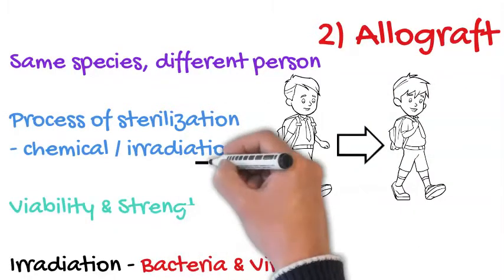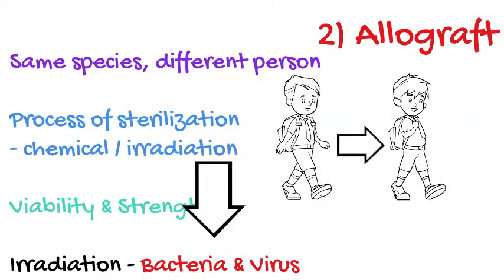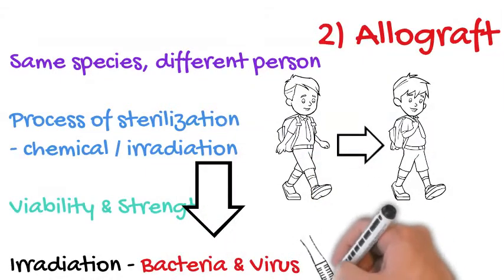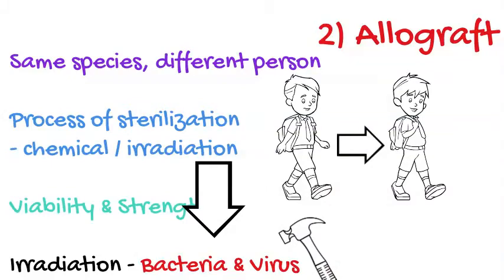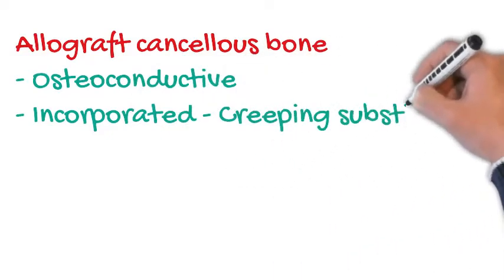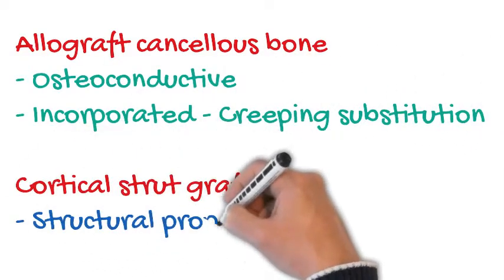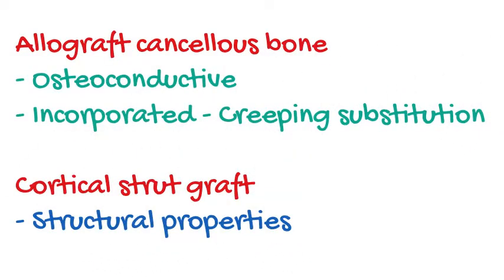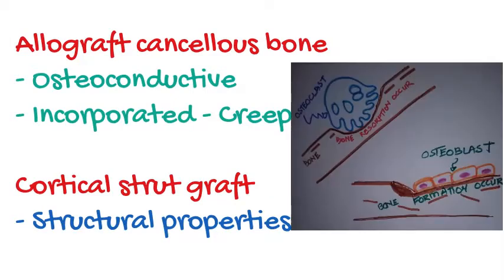Irradiation will kill bacteria and viruses. Allograft cancellous bone acts as an osteoconductive material and is incorporated into host bone by creeping substitution. Cortical strut graft has structural properties. It is very useful in reconstruction of segmental defects.